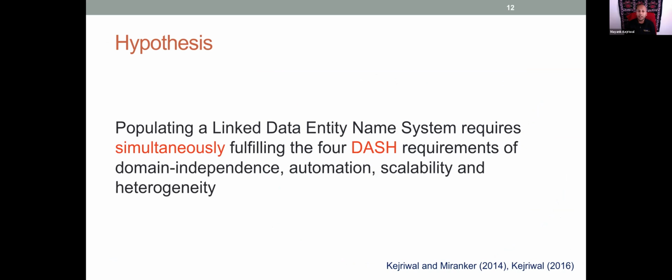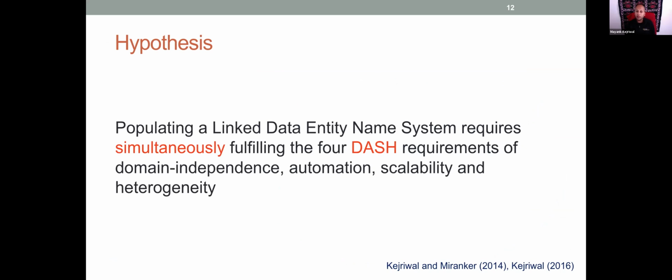So in other words, the hypothesis was that if you want to populate a linked data set, you need to simultaneously, and the word simultaneous is very important here, fulfill the 4 requirements. We call these the requirements of domain independence, automation, scalability, and the 2 kinds of heterogeneity that I identified, type and property.